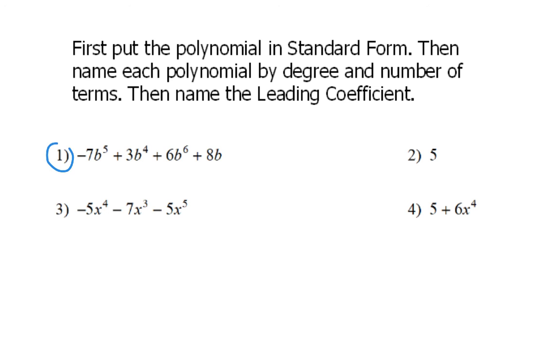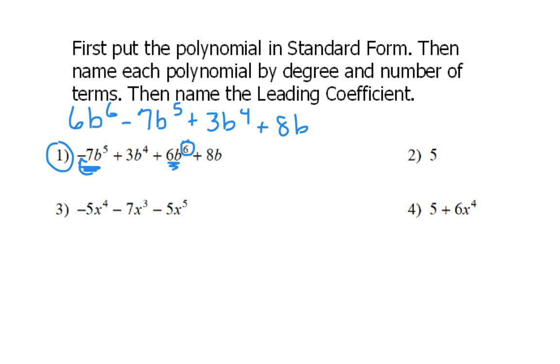If I look at number 1, the highest degree of those terms would be 6b to the 6th because of that exponent. So I'm going to write this 6b to the 6th. The next highest exponent is this one. I want to make sure I bring that negative with the 7, so minus 7b to the 5th, then plus 3b to the 4th, plus 8b.